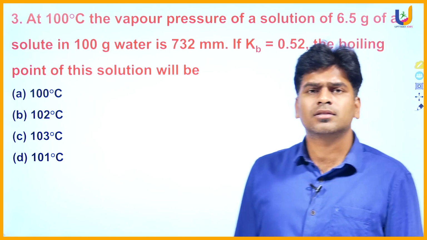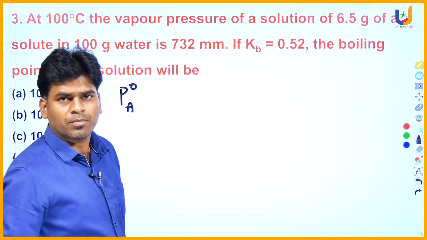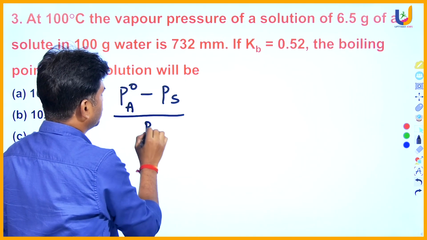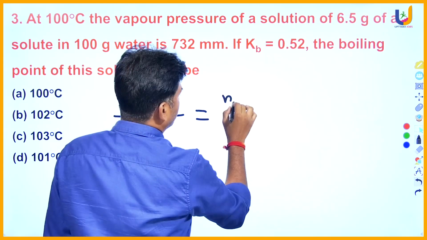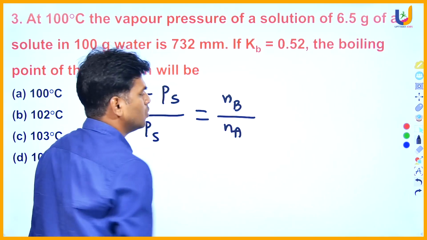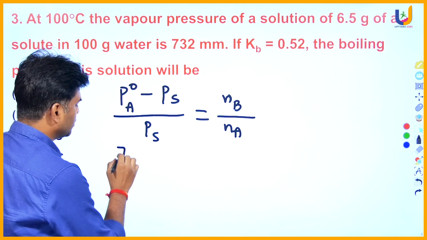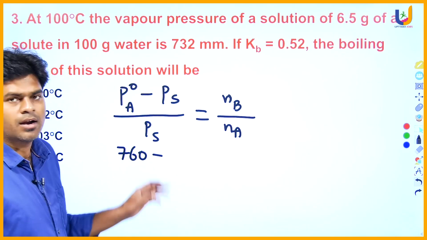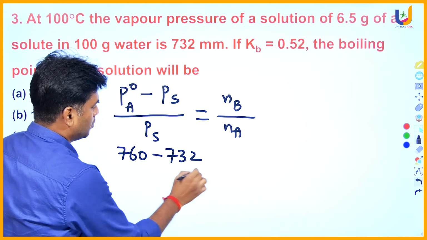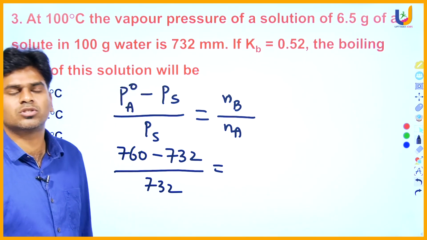First of all, as per Raoult's law, we have this formula: PA0, the vapor pressure of pure solvent, minus vapor pressure of solution, by vapor pressure of solution, is equal to number of moles of solute B by number of moles of solvent A. For pure solvent, the vapor pressure is 760 mm of Hg, and after adding some solute it changes to 732.